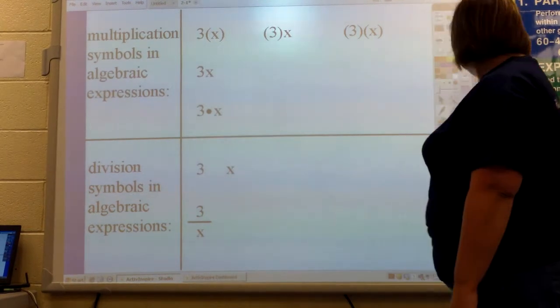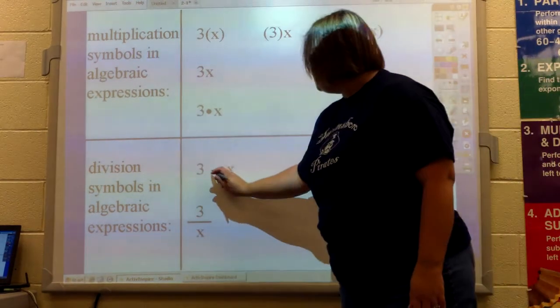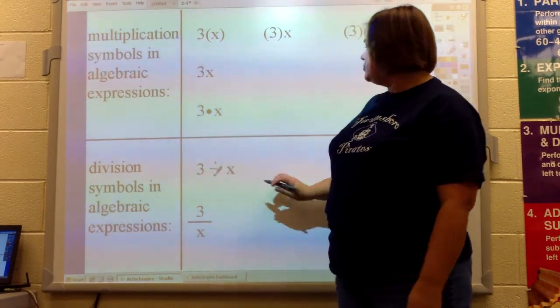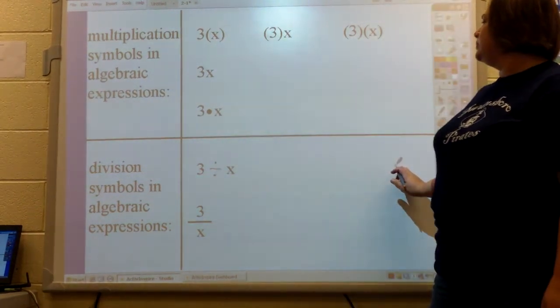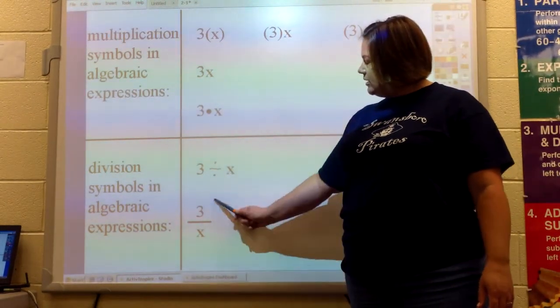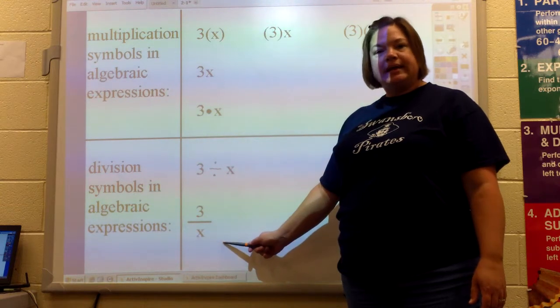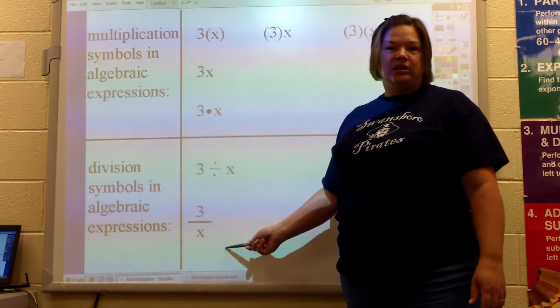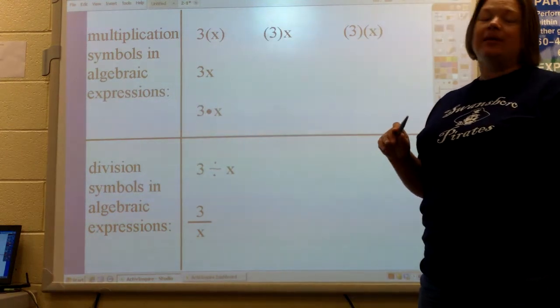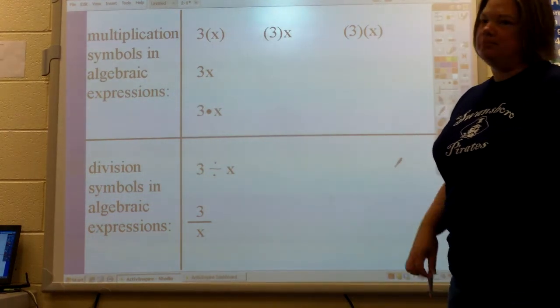For division, we would have your traditional division symbol, like we're normally used to seeing, 3 divided by x. You also may see 3 divided by x written as a fraction. So now when you start seeing fractions in your math problems, that is an indicator that it is a division problem.